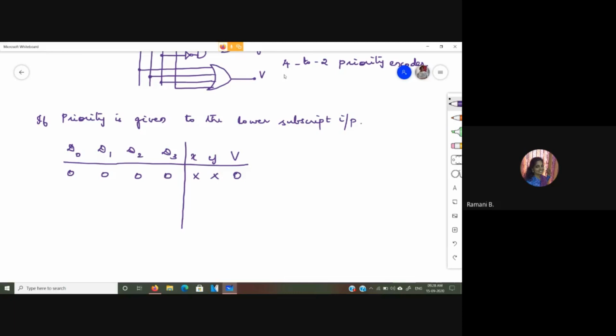Now, as we are giving priority to the lower subscript, we have 1 over here, and irrespective of my values in the other higher subscript, I am supposed to get the value 0, 0. Then 0, 1 and don't care in the higher subscript. That will give me the output 0, 1. Then 0, 0, 1 and don't care should give me 1, 0 in the output. And finally 0, 0, 0, 1 should give me 1, 1, 1.